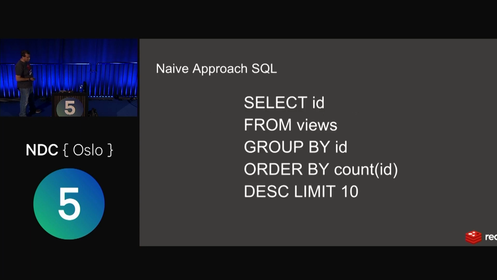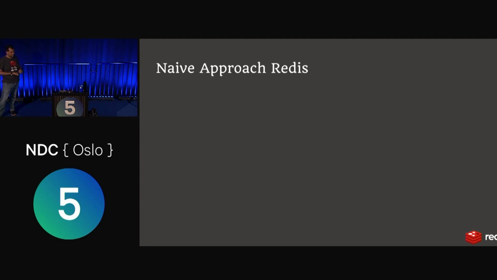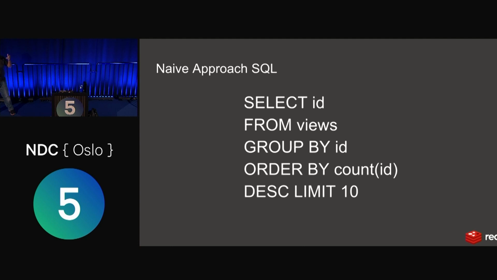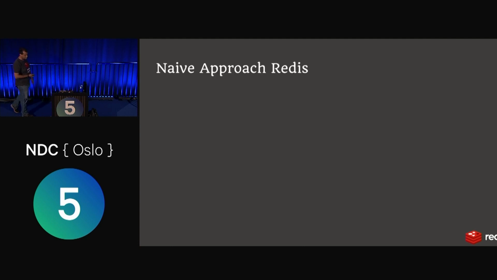A naive approach might be to select ID from views, group by your IDs, order by the count of your IDs descending, with a limit. What that gets you is a list of the most frequent items in that data set. And this is really slow, right? This is not a fast operation.